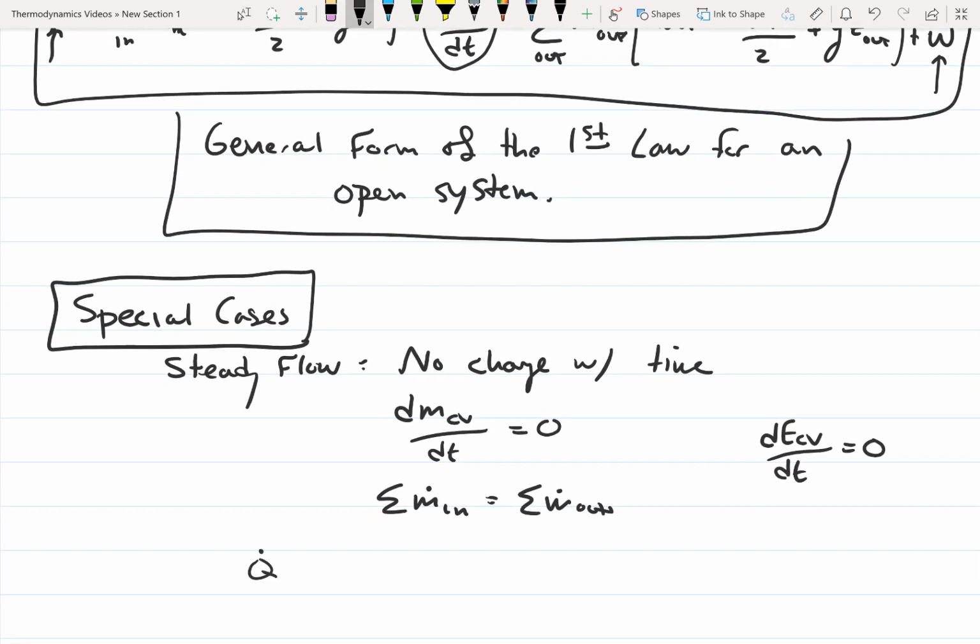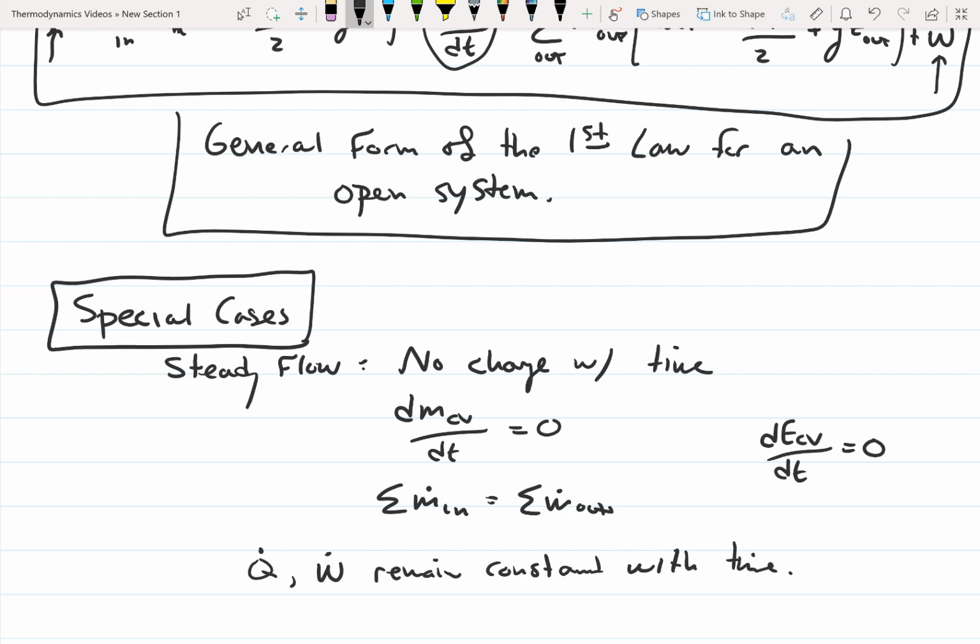So I'm just going to specify that Q dot and W dot remain constant with time. Basically the given rate of heat transfer doesn't change.